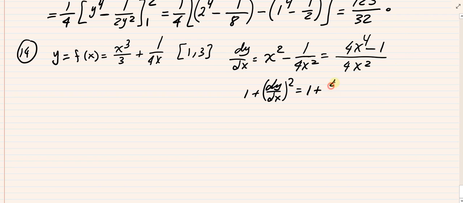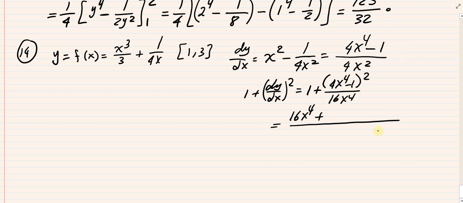Square the fraction, that's going to be (4x^4 minus 1) squared divided by 16x^4. And before I combine like terms, I combine the fraction. At this point, this is the 1, right? So that's how I handle the 1.